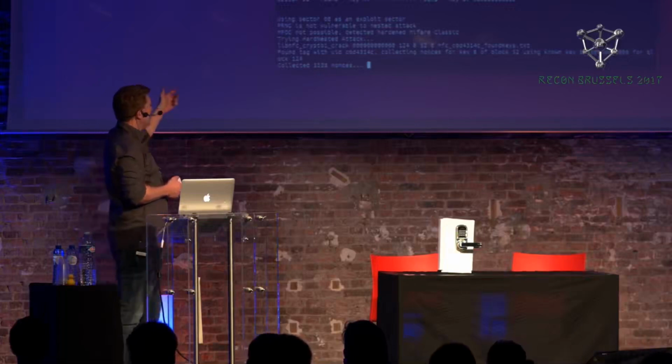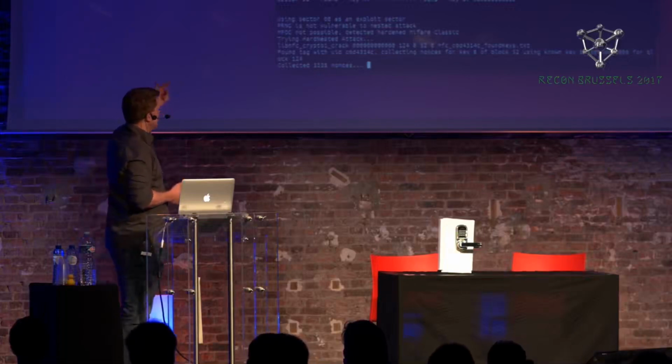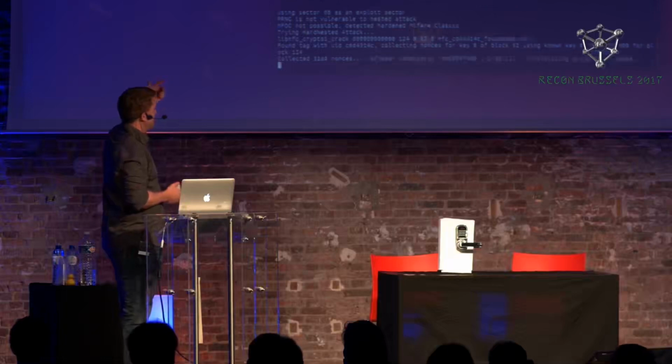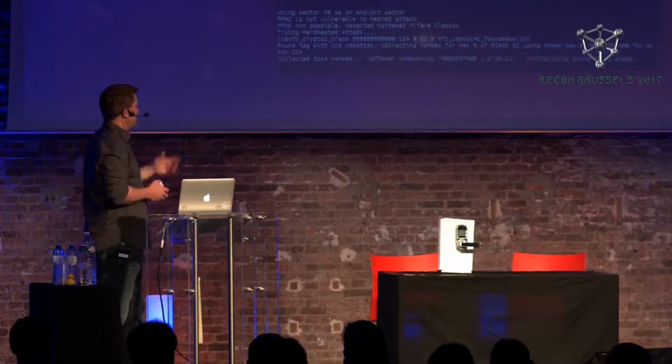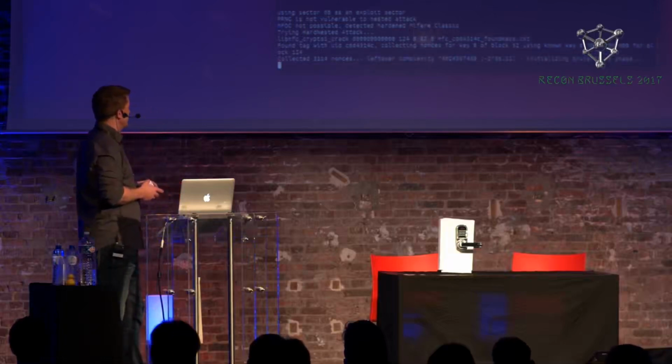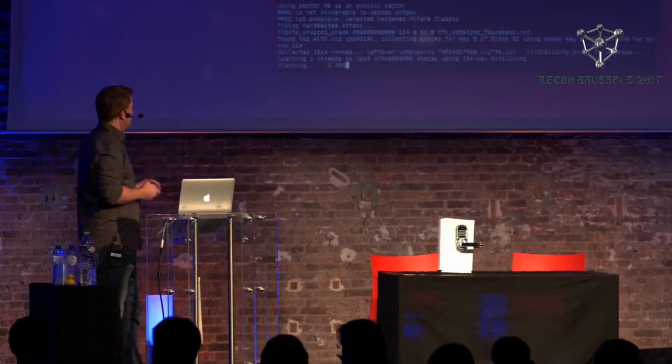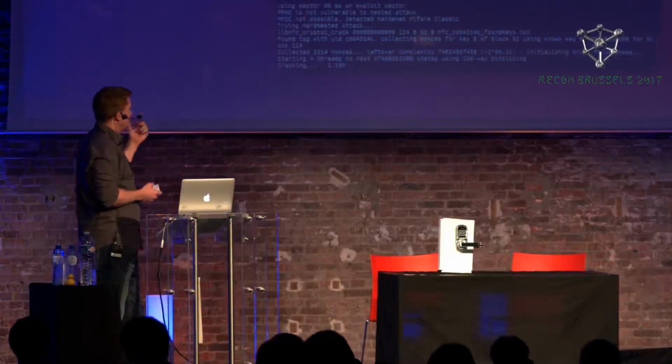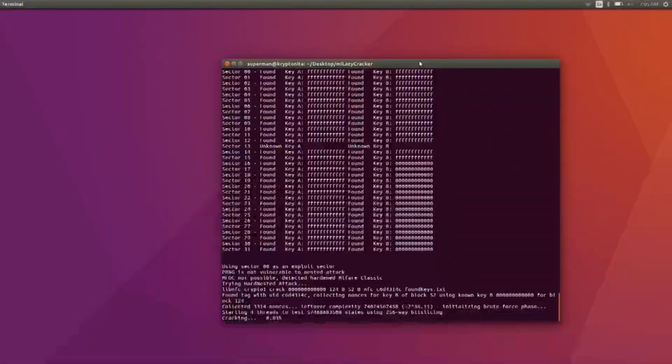And in the output of the script, you can see here, it said the PRNG is not vulnerable to the nested attack, so it automatically selects the sectors to use. And here it reduced the key space down to like 2 to the 36, so it's going to brute force from here. This might go a little bit faster with a better laptop, but it should do the trick here.